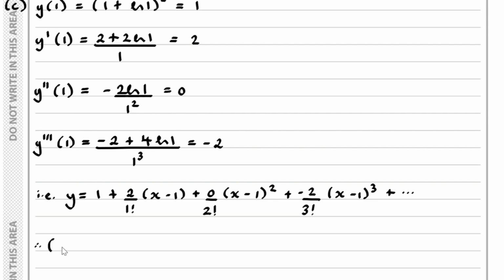And so therefore, 1 plus the natural log of x squared is equal to 1 plus 2 lots of x minus 1 minus 1/3 lots of x minus 1 cubed plus higher order terms.